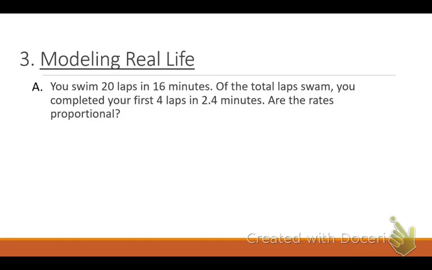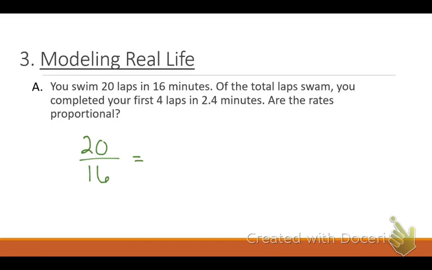So the first thing I'm going to do is set up my own proportion. Here is the most important rule for setting up your own proportion. You must be comparing the same value on both sides of the ratio. What do I mean by that? If I say for my first one, 20 laps over 16 minutes, the other side must be laps over minutes.